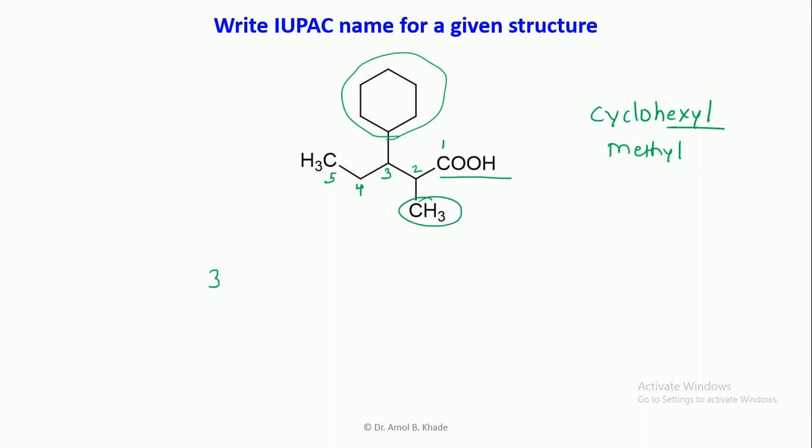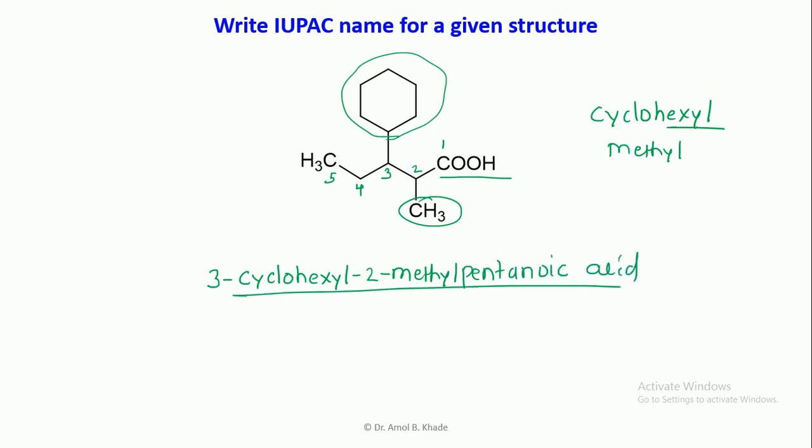Cyclohexyl will get priority because it has the letter C. So it will be 3-cyclohexyl-2-methylpentanoic acid, and without a space you write pentanoic acid. This is the correct name for this structure.